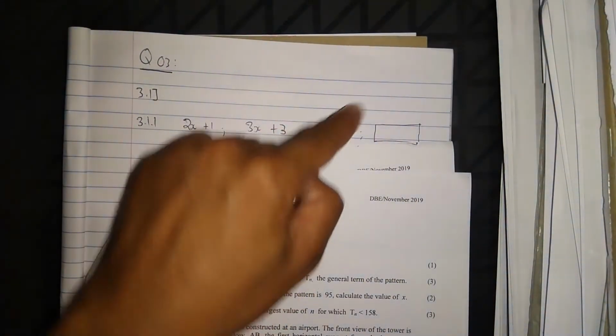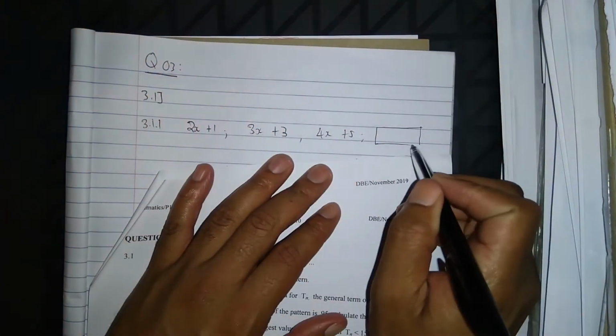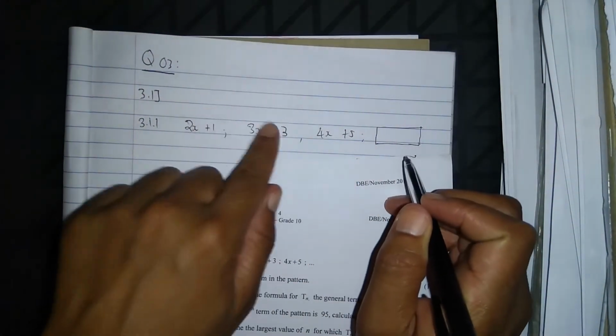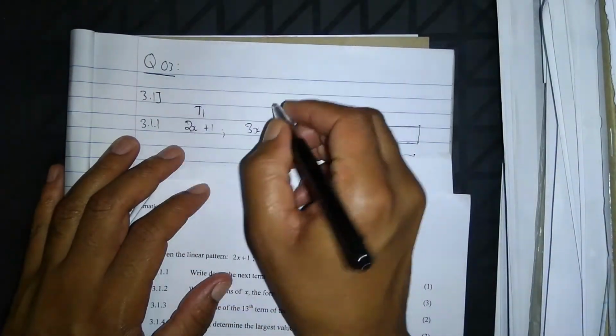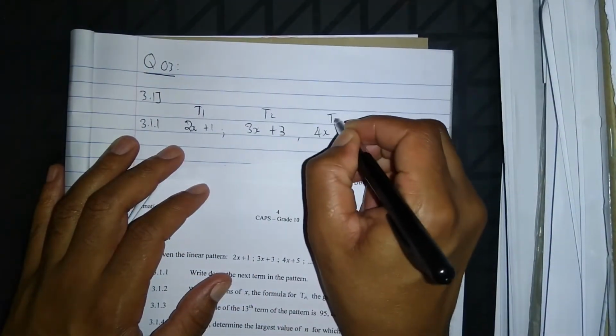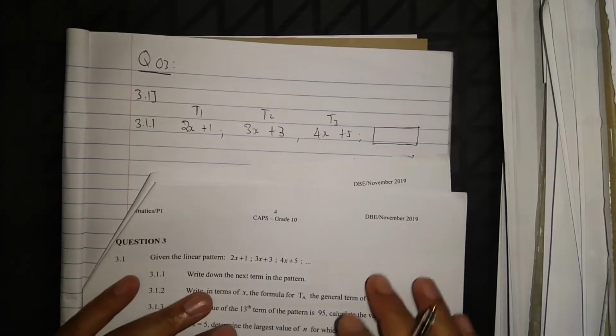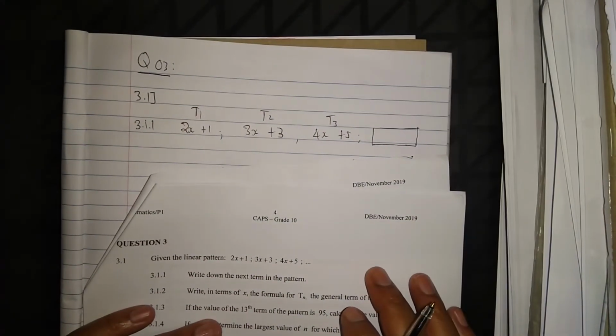If it was 1, 2, 3, the next term would be 4. If it was 2, 4, 6, the next term would be 8. So now let's look at terms 1, 2, 3. But the terms are expressed in terms of x, right? So what is the next term?